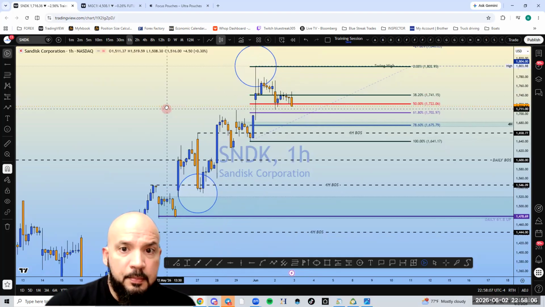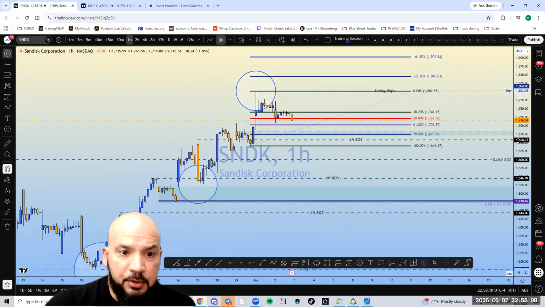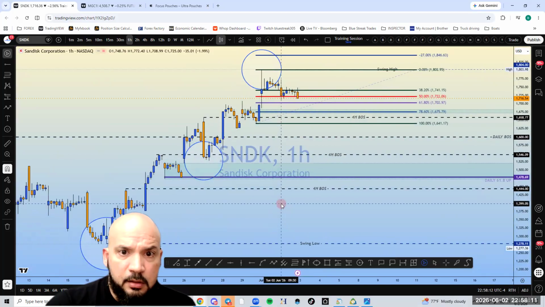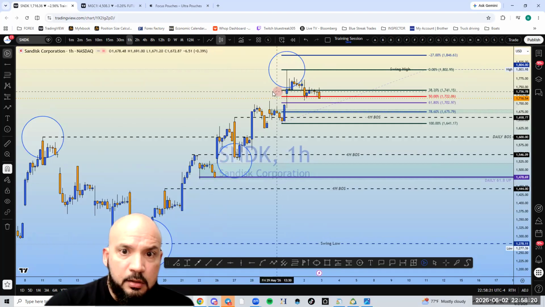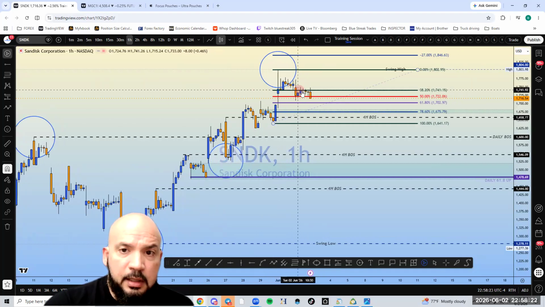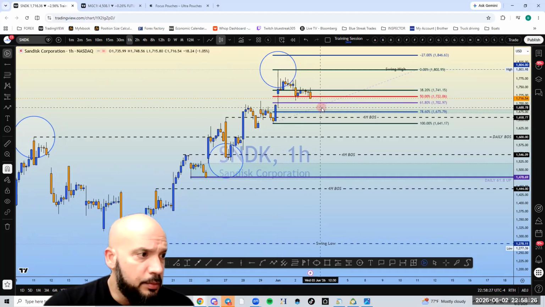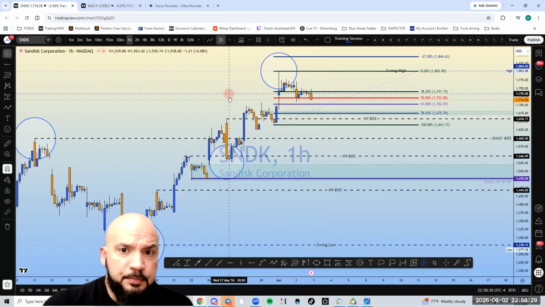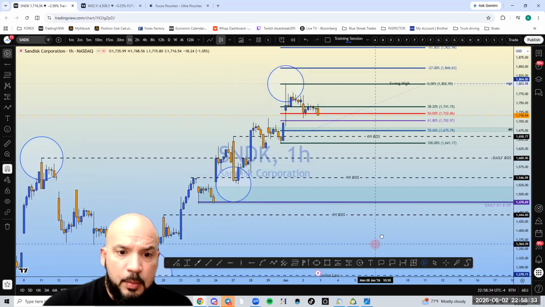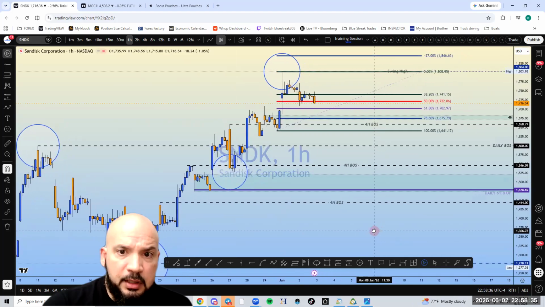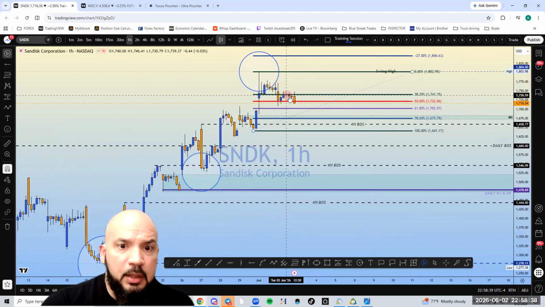This is the first indication, if I'm correct, out of all of these retracements and moves, right? This is indicating to me that the market may want to start moving down. You understand why I'm saying that? This is the first indication that's starting to tell me that the market may want to move down.